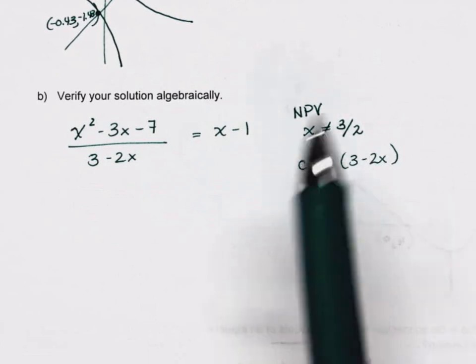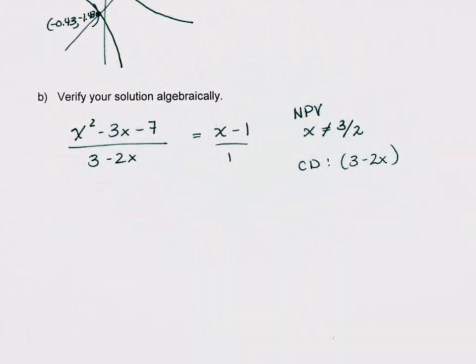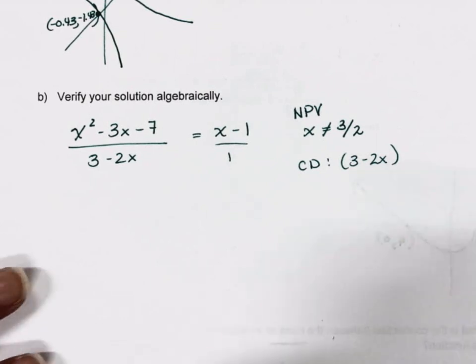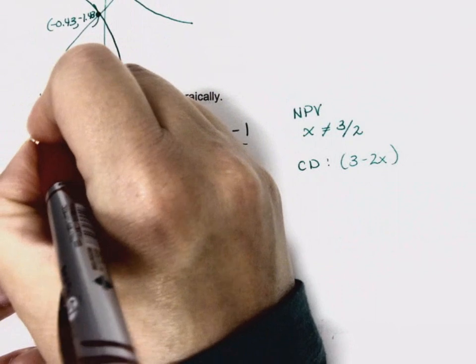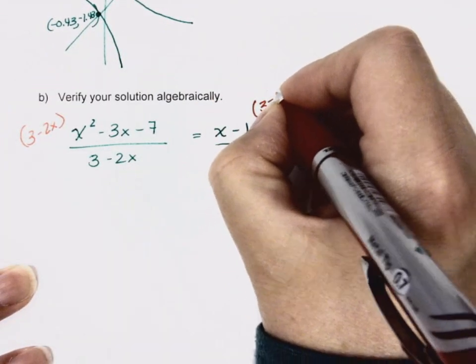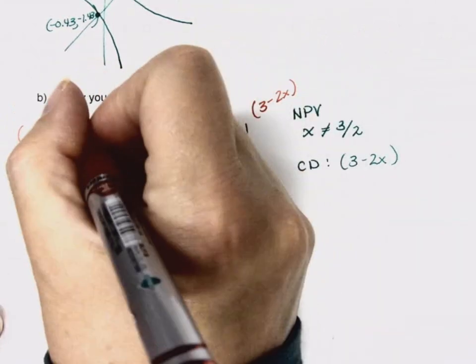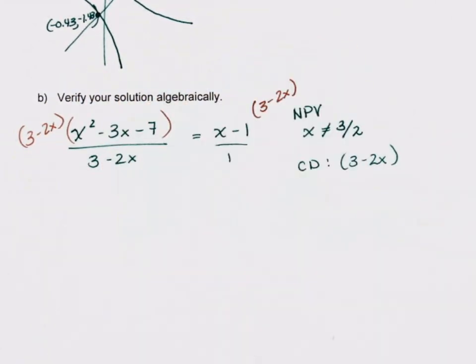Common denominator, this is over 1, so my common denominator is just the 1 denominator. I'm going to times everything by that common denominator, which is 3 minus 2x and 3 minus 2x. So you have to do it to every term. We treat the numerator like it's one term.